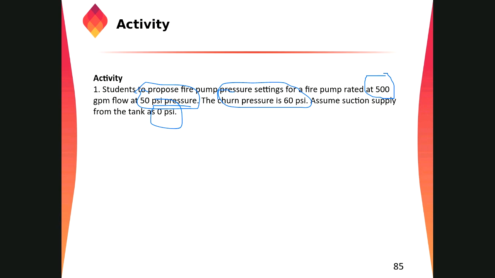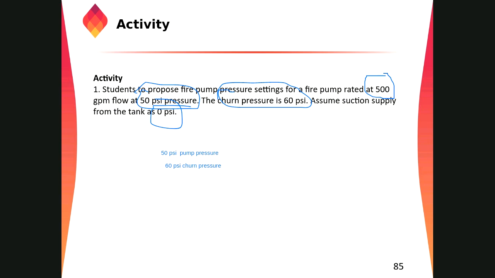Now you have to do the fire pressure settings, right? 50 psi is the pressure from the pump. 60 psi is the churn pressure. 0 psi suction supply.